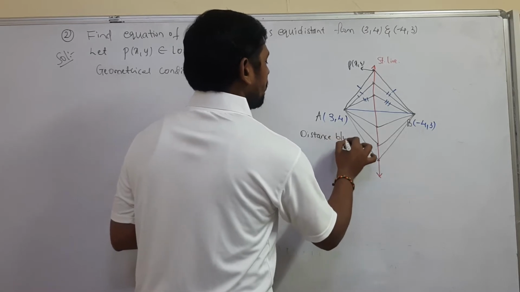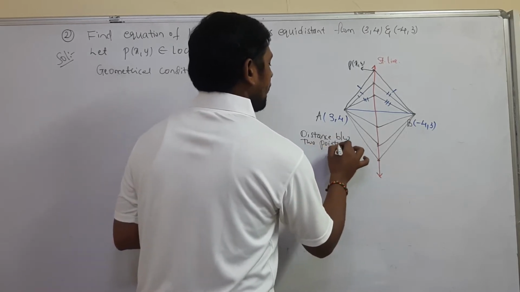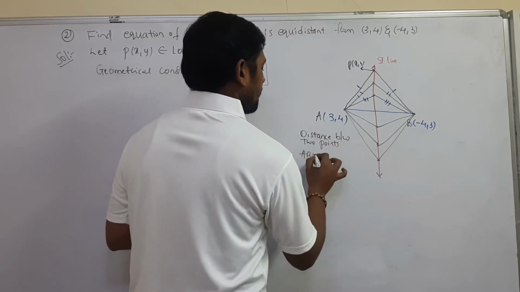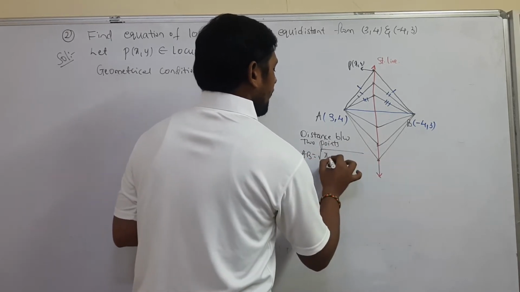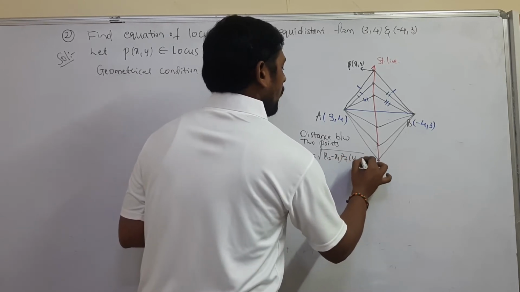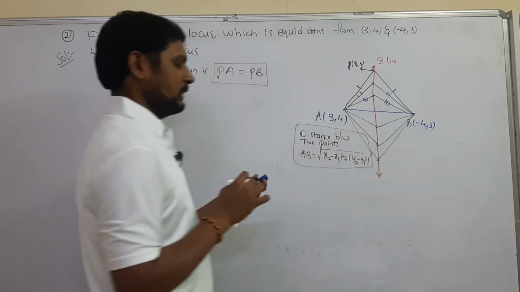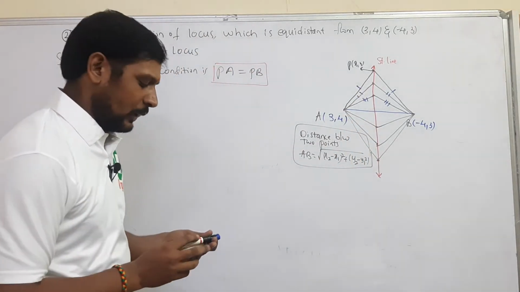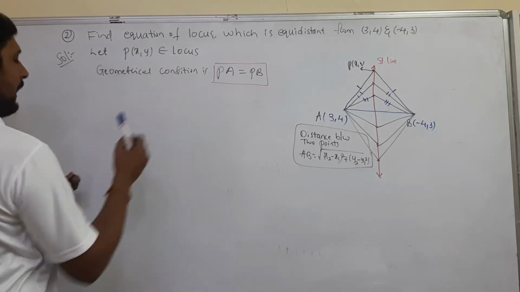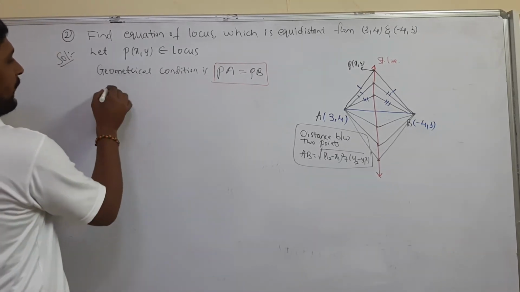So the distance between 2 points is AB equals under root of (x2 minus x1) whole square plus (y2 minus y1) whole square. Again use the same formula to find the equation. First let us take PA. What is P?